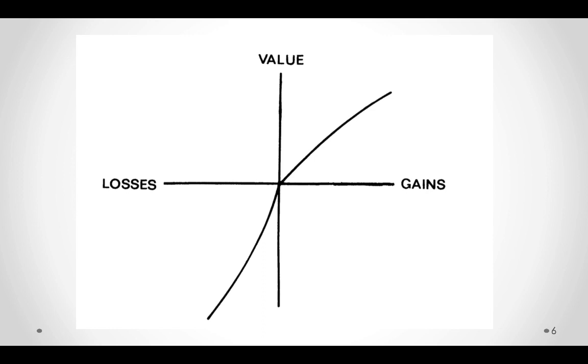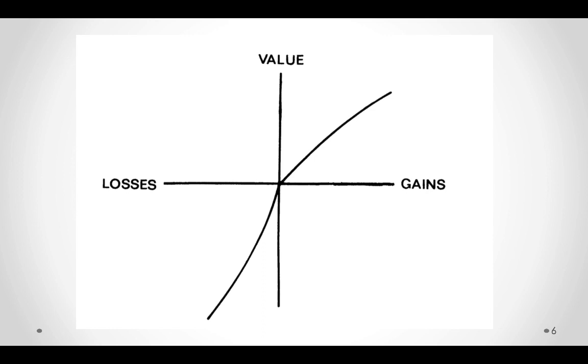The second property of this curve is that as we move away from the origin, from the 0 point, the curve is characterized by diminishing sensitivity. That is, the curve flattens out, bending towards the horizontal axis as it gets further from the reference point. You see that on both gains and losses quadrant. And the third property of this curve is that it's kinked at the 0 point.